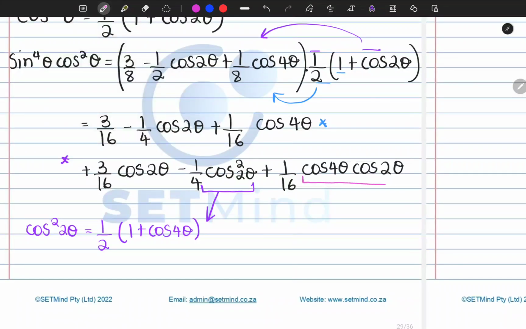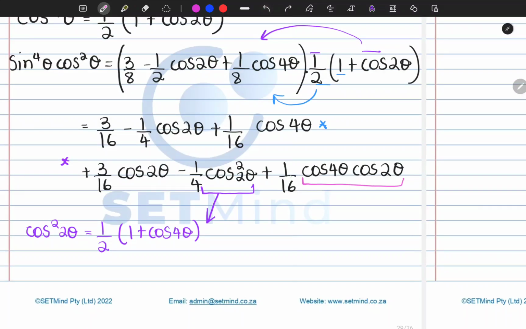And what I'm going to use here is, there's an expression that we wrote some other time, which was that if you have cos of A multiplied by cos of B, this becomes half of cos of A plus B, and then plus cos of A minus B, like that.